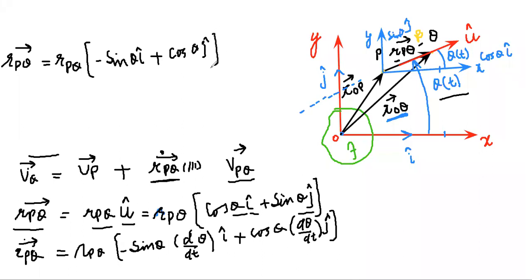Now, d theta by dt is common everywhere, we can take it out, and d theta by dt can be written as theta dot.